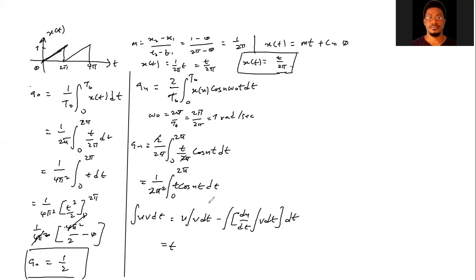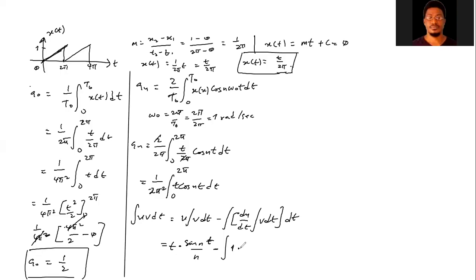Then we have the integral of v dt, so integrate cos nt, so that will be sine nt over n, minus integral of du dt. Okay, so if this is u, what is du? That will be 1, right? Good.